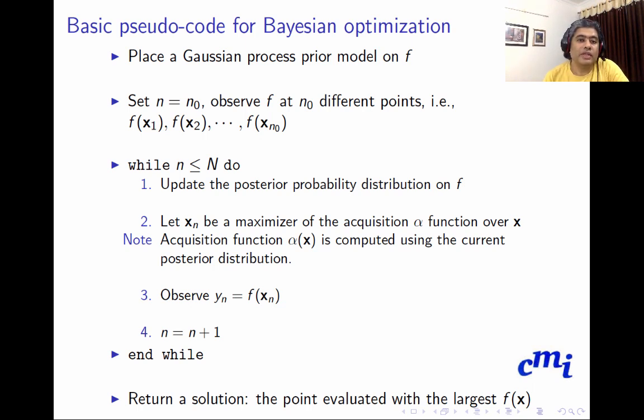The algorithm starts with n equal to n0 points. So there are n0 hyperparameters, and you evaluate f of x1, f of x2, f of xn0.